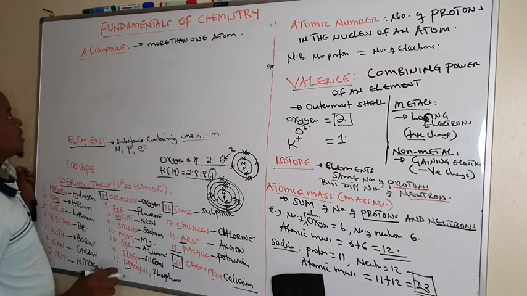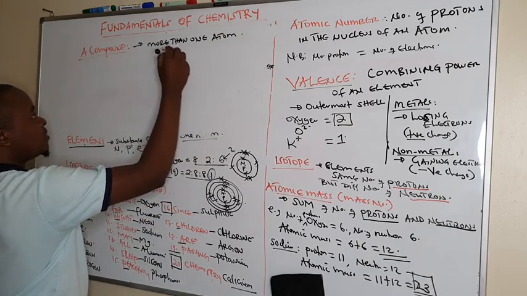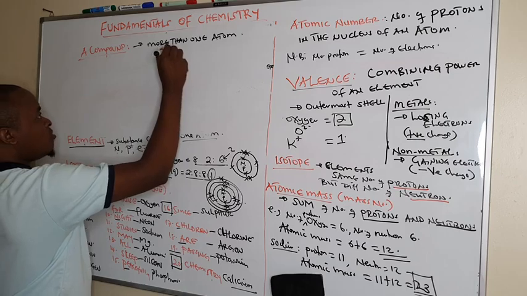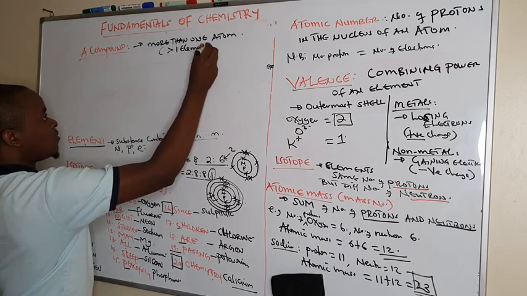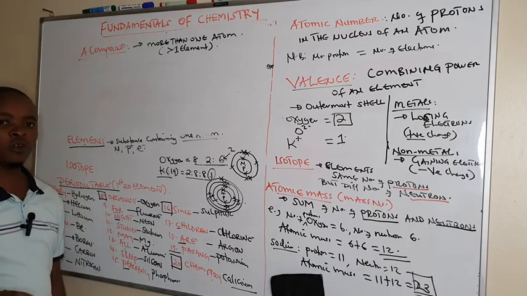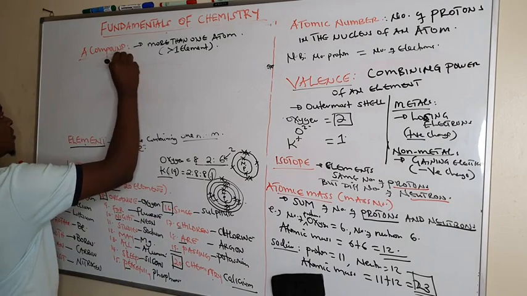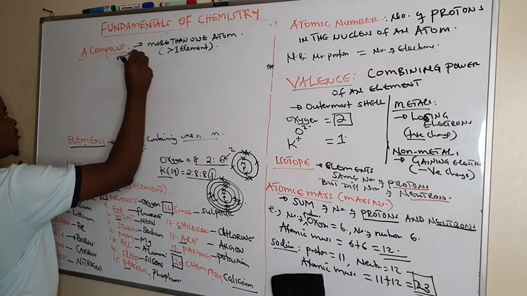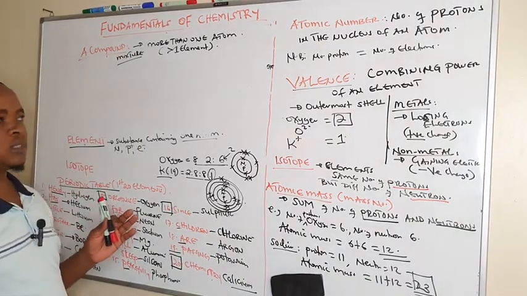A compound is a substance containing more than one atom, or greater than one element, because we saw elements have a single atom. So it is a mixture of different atoms or elements. That is what we call a compound.